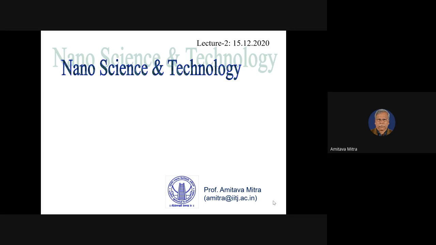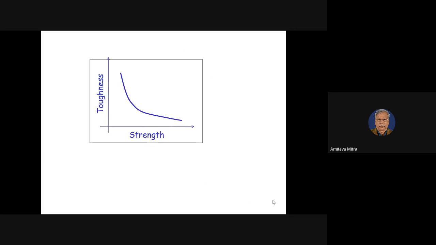Presently we are discussing the bulk nanomaterials preparation, and we have seen it earlier. The strength and toughness of the materials vary like that in usual materials, and this shifts towards the right-hand side if the grains are refined.